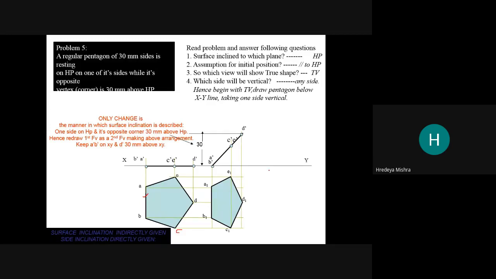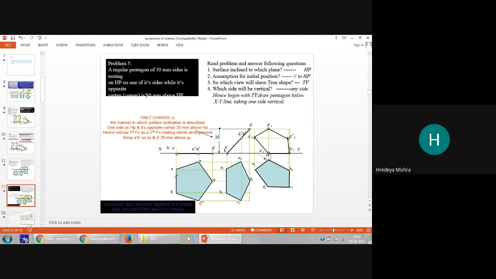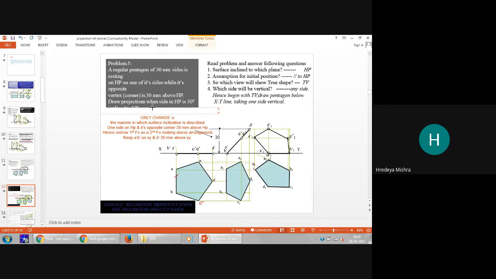Now we consider the inclination. This is the inclination, 30 degree. I think there is some problem. The question is not properly shown.